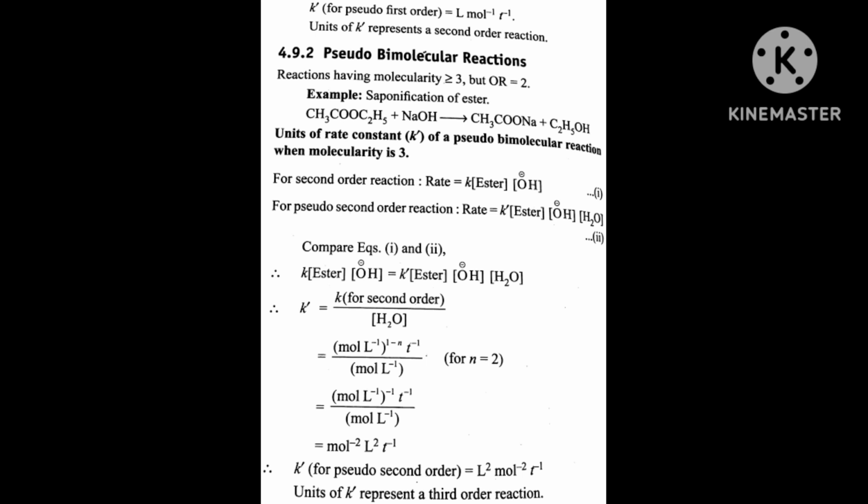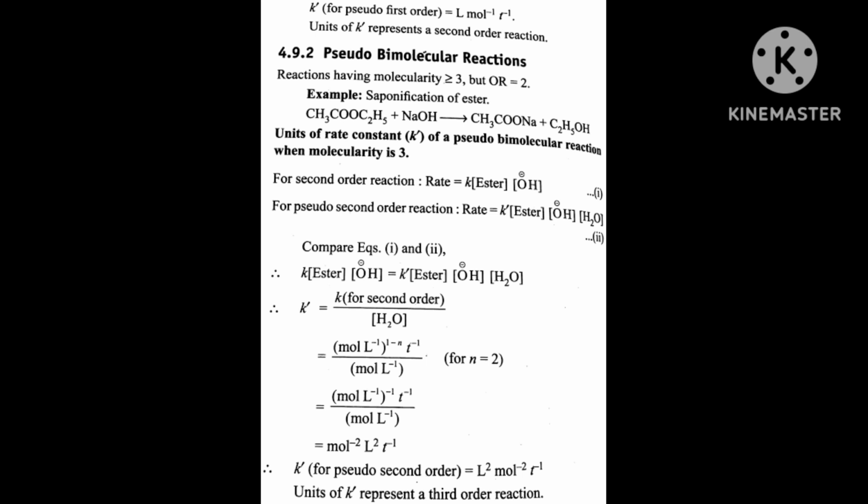During the course of the reaction, the water concentration was almost constant at 55 mole per liter. What is the value of K dash in this equation? You have to calculate the K dash value. Don't forget the relation: K is a new constant, and K is equal to K dash into the molar concentration of H2O.